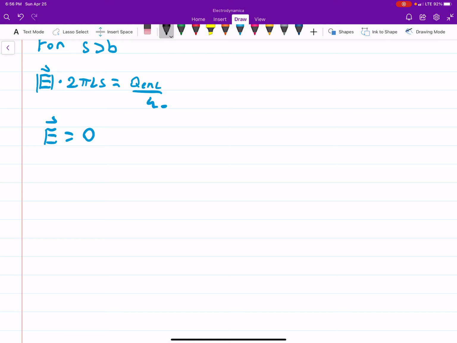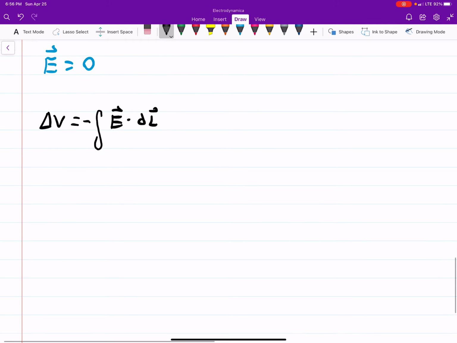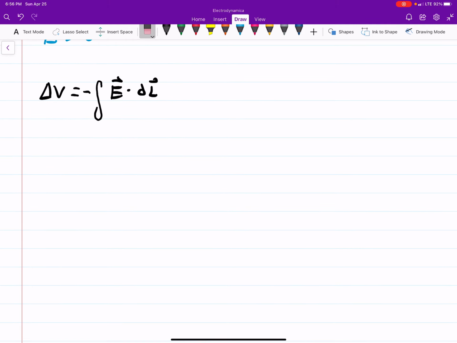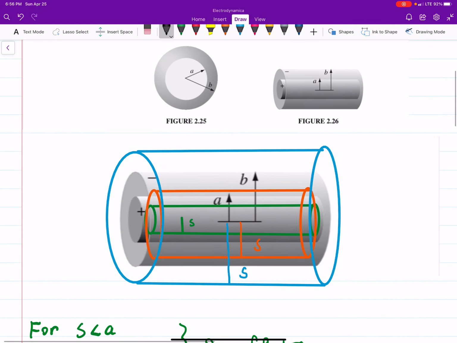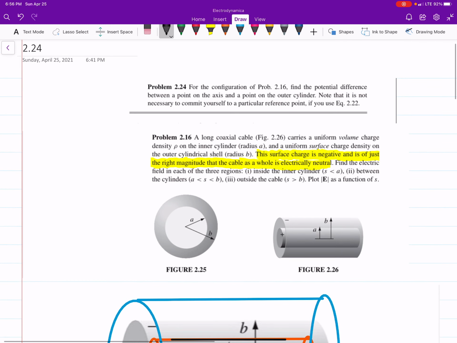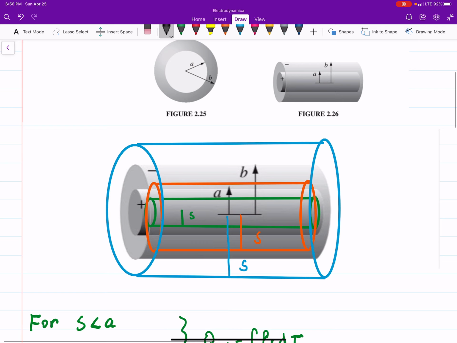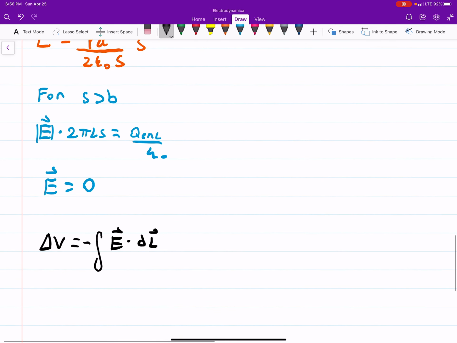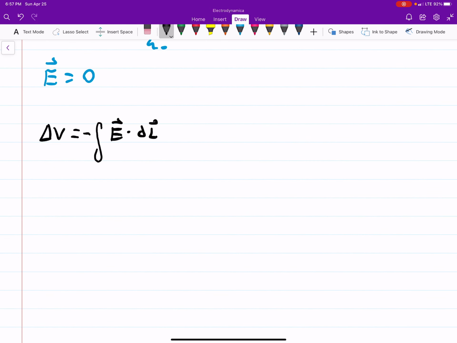the potential. So the potential is negative the integral of E dot dl. So if we want the potential in between, which is what the problem wants, it wants the potential from a point on the axis to the outer shell, so from B to the middle. Basically, we're going to be going from B to 0.